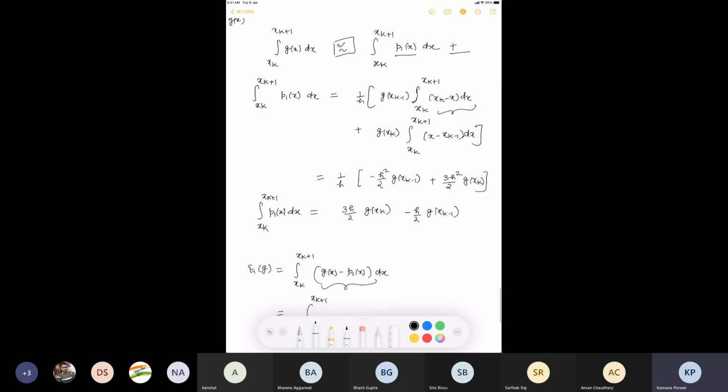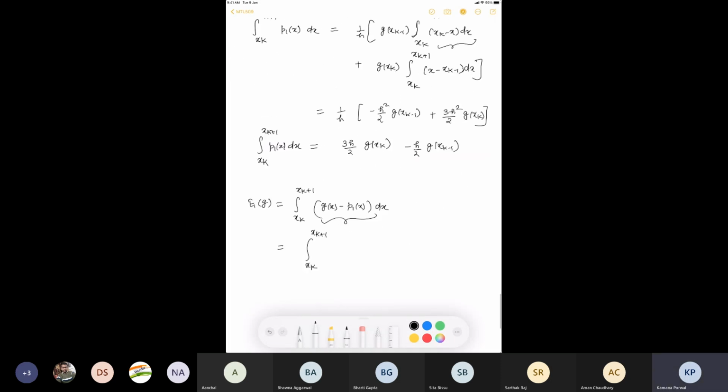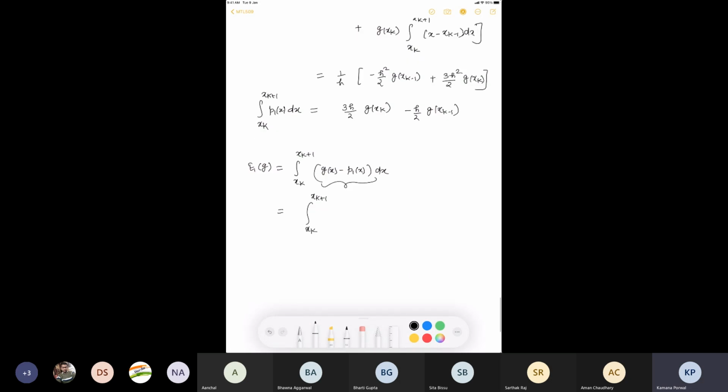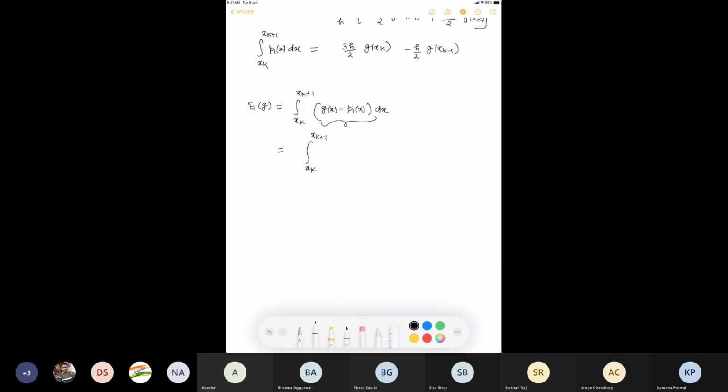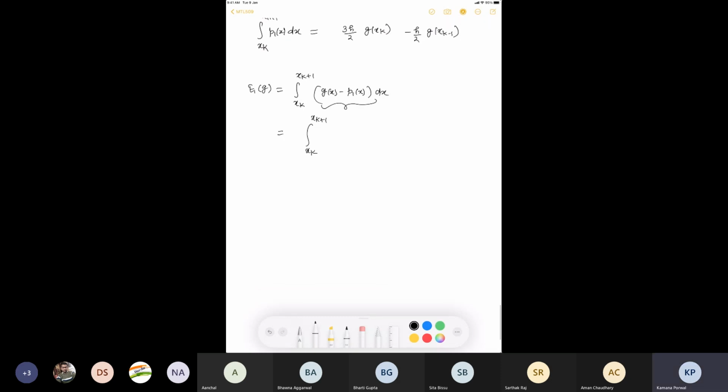That's why you see the difference here. But the underlying ideas are the same as what we used there. So how do we simplify the error? What should we do? We can write down the interpolation error in terms of Newton's divided differences.